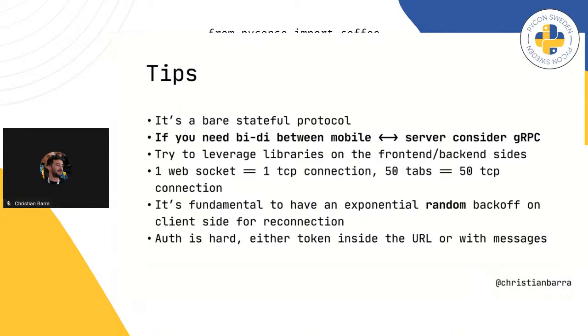And because WebSocket is a really bare protocol, authentication is hard. Like the APIs which are exposed inside the browsers don't give you the chance to specify headers. So you cannot pass a token directly. The thing that you can do is you can pass a token in the URL when you call the WebSocket, or you need to implement a protocol inside the messages.